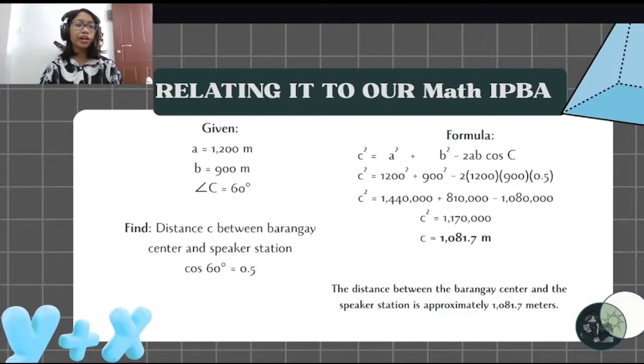What we are going to find is side C, the distance between the barangay center and the speaker station, using the cosine formula. A equals 1,200, B equals 900, and angle C equals 60 degrees. Cosine 60 degrees equals 0.5.